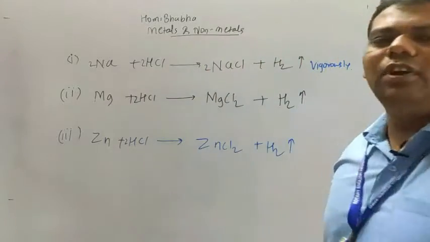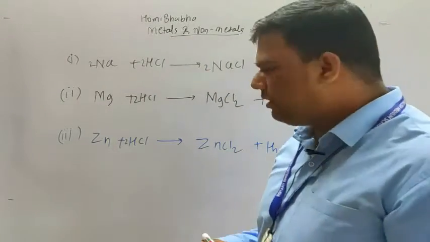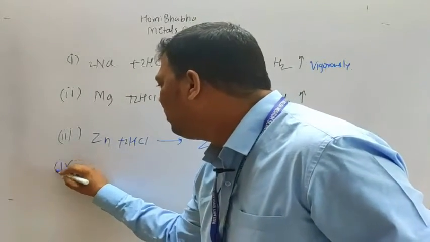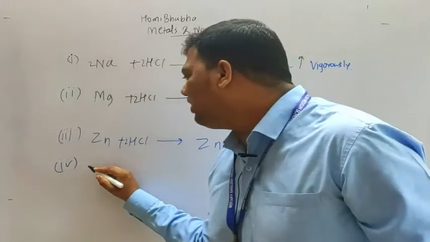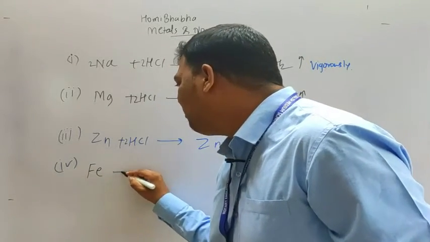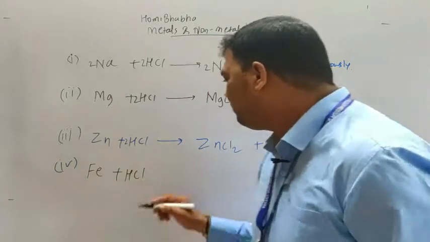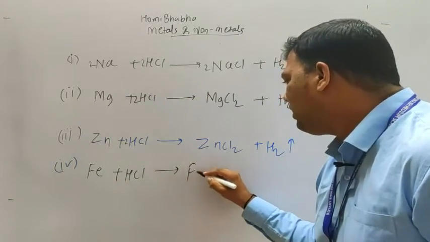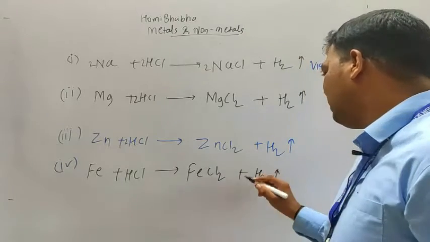Now the next one, the fourth reaction: iron plus HCl. What does that give? FeCl2 plus H2 gas.